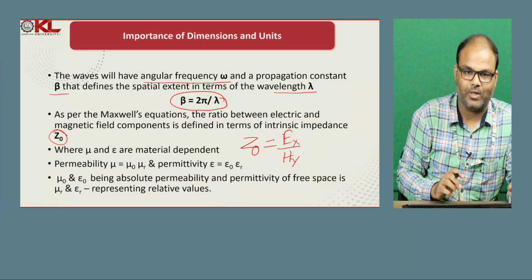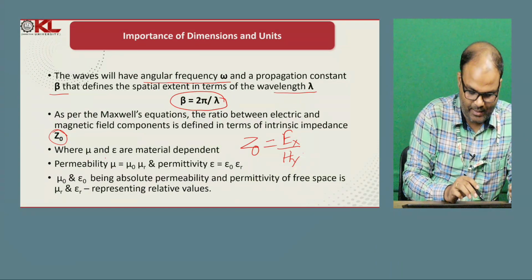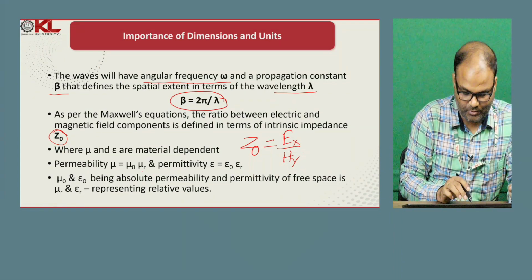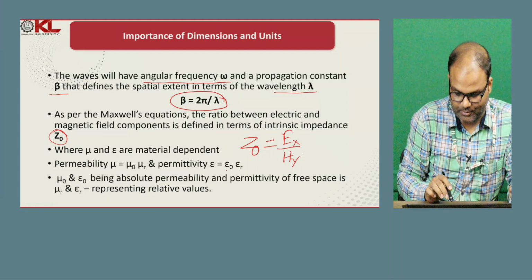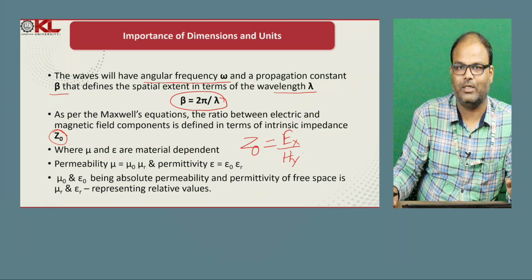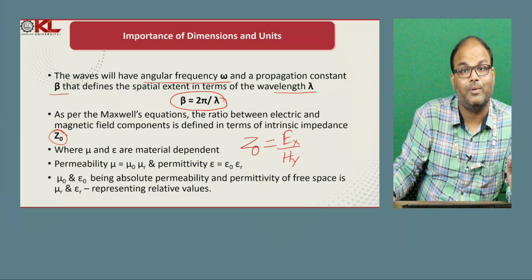The permeability mu and permittivity epsilon are material dependent. Permeability is mu equal to mu 0 mu r, and permittivity is epsilon equal to epsilon 0 epsilon r. These are the main concepts behind the unit and dimension of RF systems.